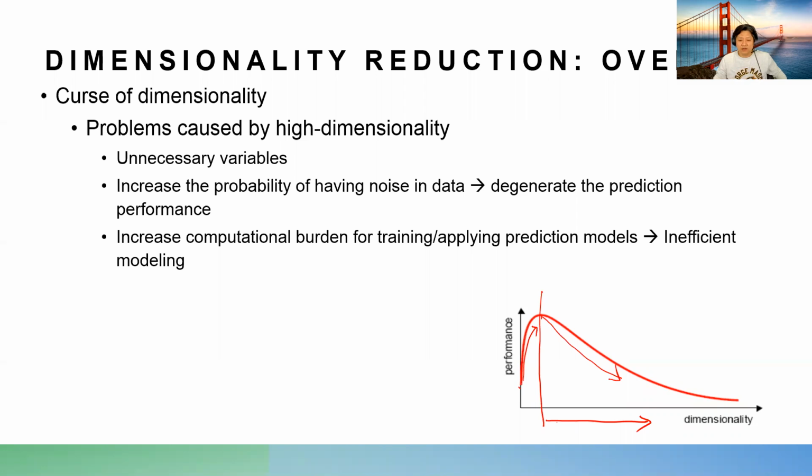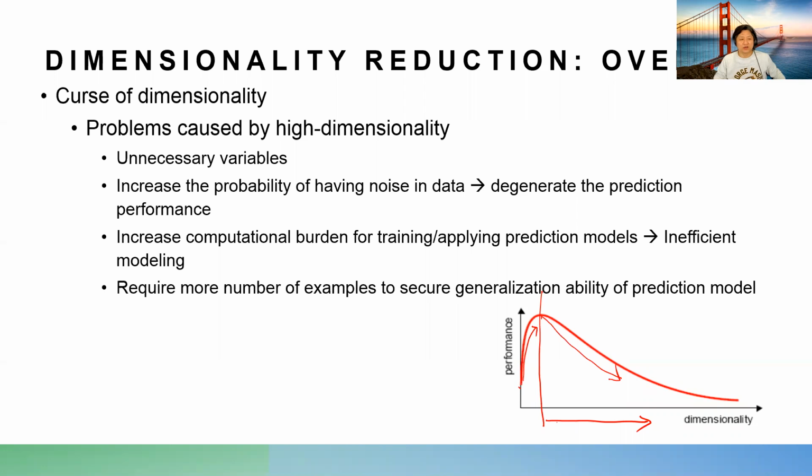But in big data analysis, sometimes you have 100 variables, 1,000 variables, right? In that case, it takes a really long time. And it also requires more examples to secure the generalization ability of prediction. To make a generalization of your prediction, you may need more data for more variables.